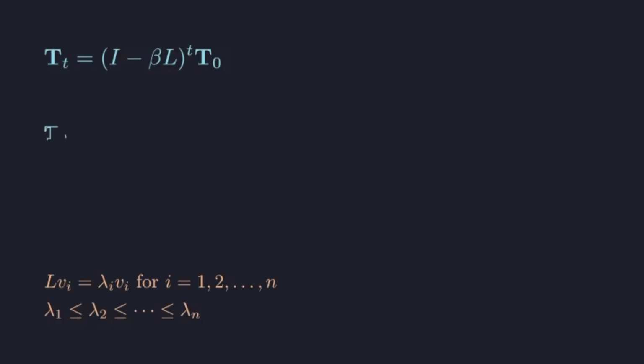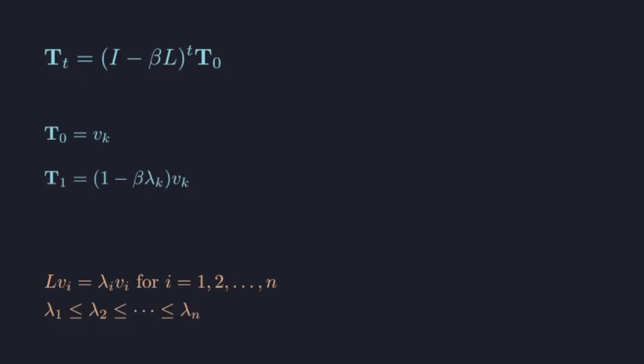So if the initial condition T0 is the same as an eigenvector v_k, we can find T1 as follows, by noticing the fact that L times v_k is just lambda_k v_k. What this means is that in moving from time step 0 to time step 1, the temperatures of all vertices got multiplied by this constant 1 minus beta lambda_k.